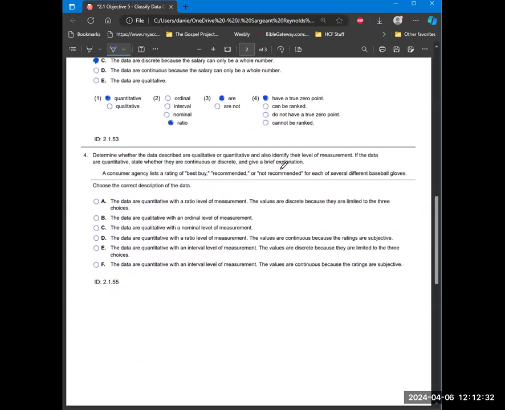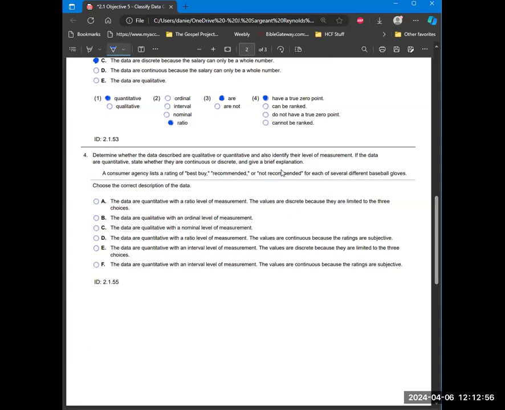Now let's look at number 4, which is our last question for this video. Determine whether the data described are qualitative or quantitative, and also identify the level of measurement. If the data are quantitative, state whether they are continuous or discrete and give a brief explanation.